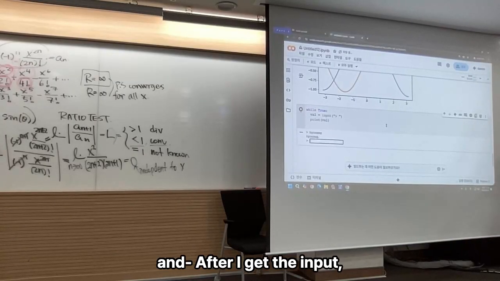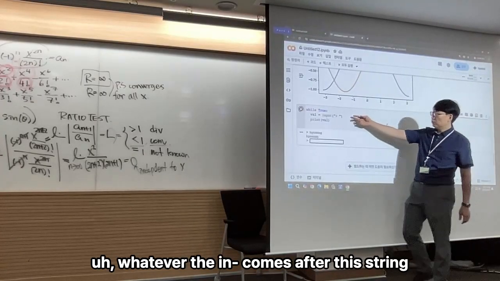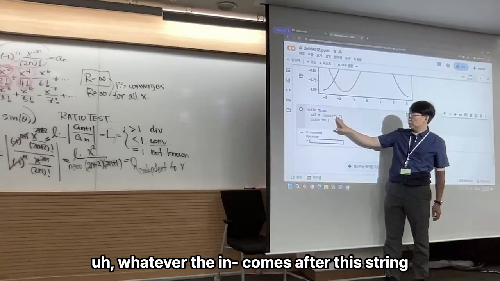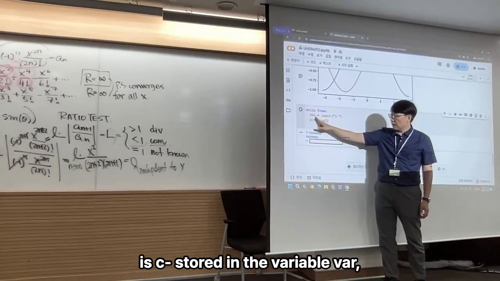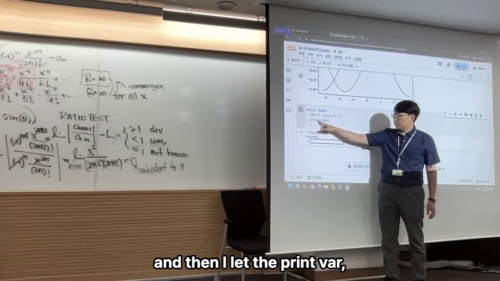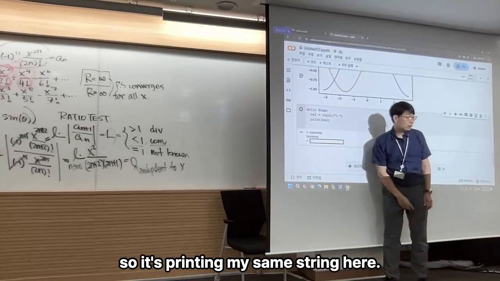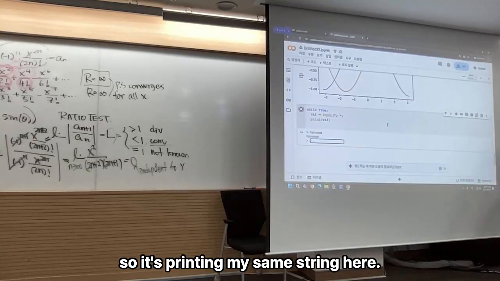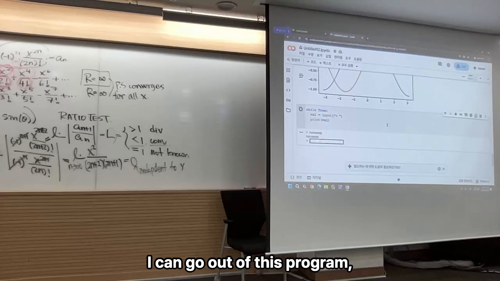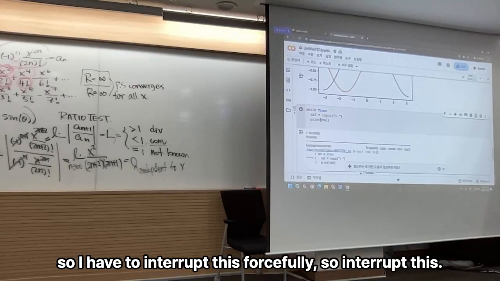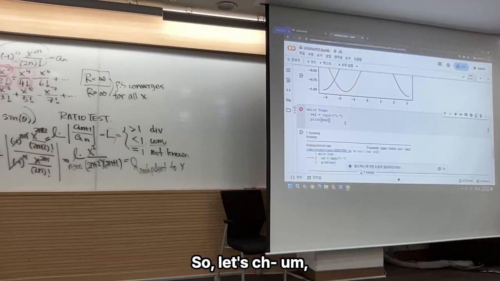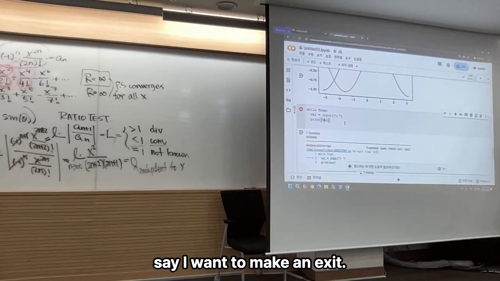After I get the input, whatever comes after this string is stored in the variable val, and then I print val, so it's printing my same string here. There's no way I can get out of this program, so I have to interrupt it forcefully.